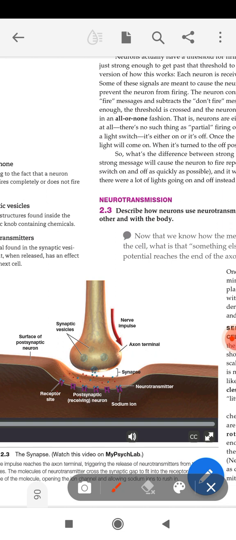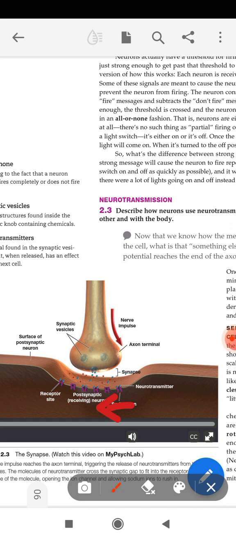As soon as these receptor sites are filled with neurotransmitters, sodium ions will move rapidly into the axon of the next cell so that the action potential can be transferred.